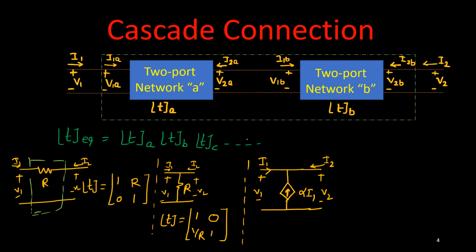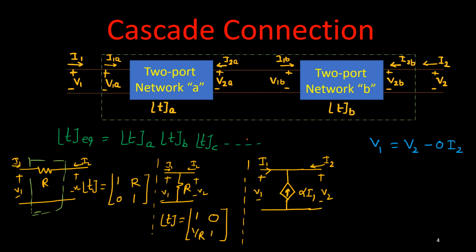Can I model this in terms of T parameters? We can. The voltage on this side is V1 and on that side is also V2, so it is the same voltage. So the first equation is V1 equals V2, which means V2 minus 0 times I2.